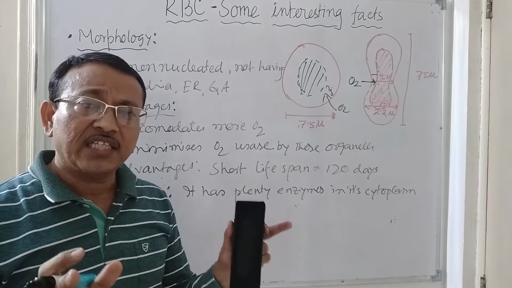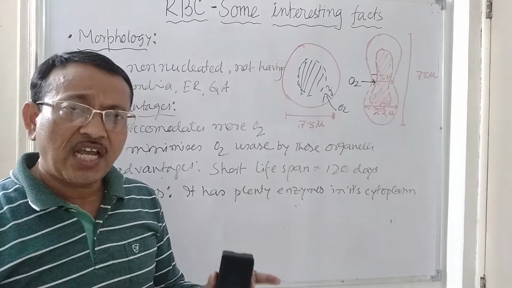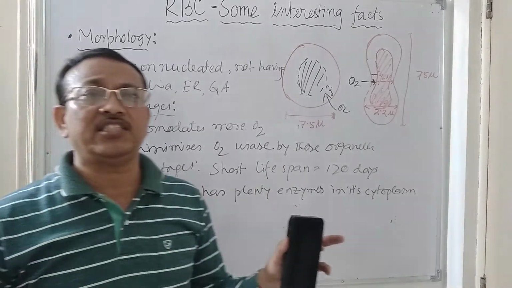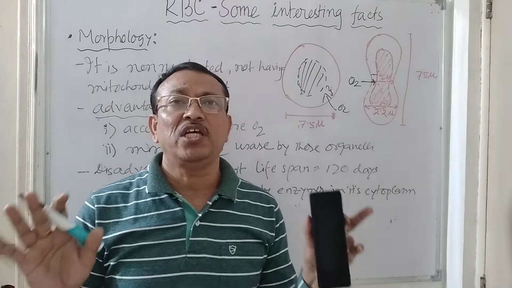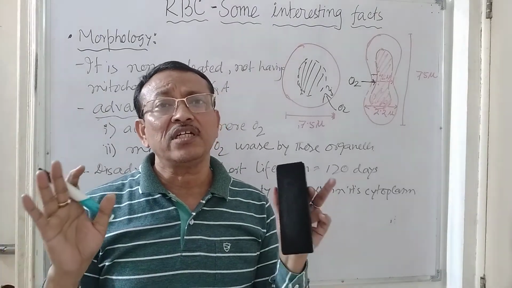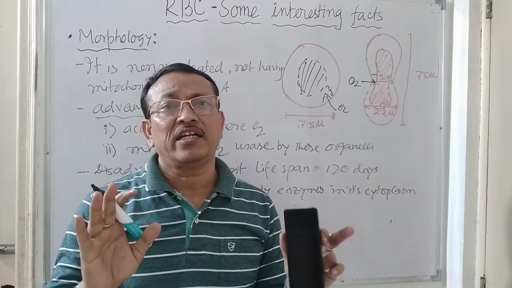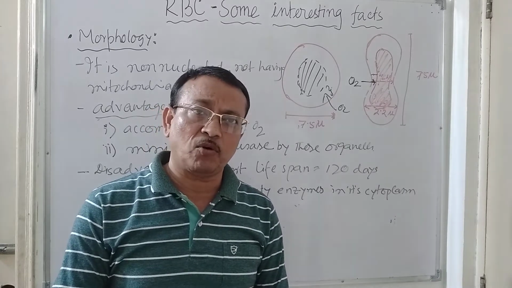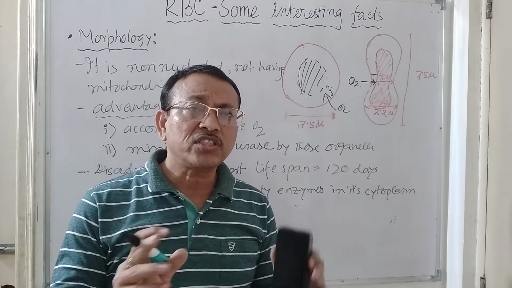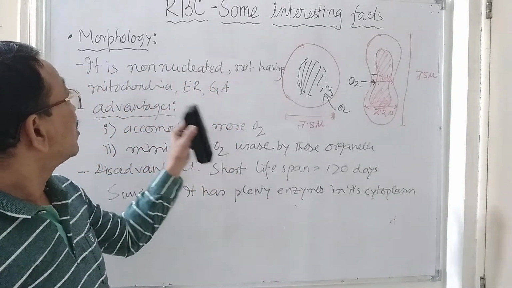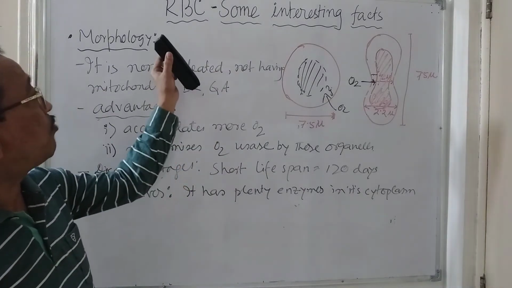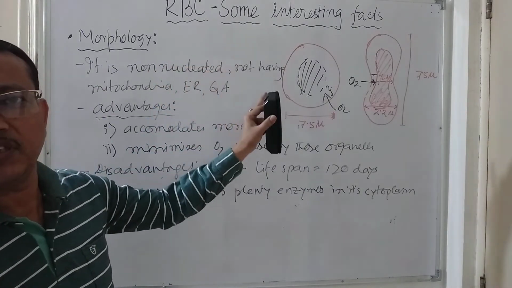So as long as these enzymes are present, the RBC survives. Once these enzymes are exhausted, the RBC is destroyed by the reticuloendothelial cells of the body. So this is all about some interesting facts regarding the morphology of the RBC.